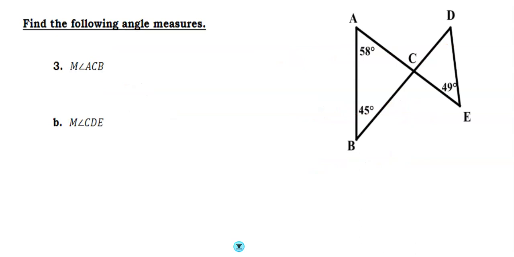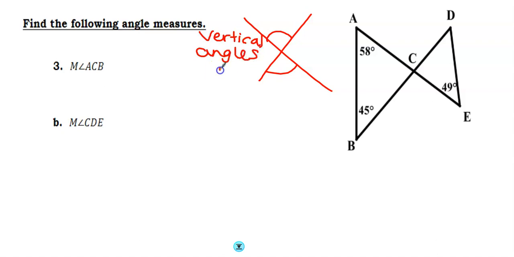All right, let's try the next type. So ACB. If you can recall, vertical angles look like this. Vertical angles, these angles are congruent. So if I know what this angle is, I know what this angle is.